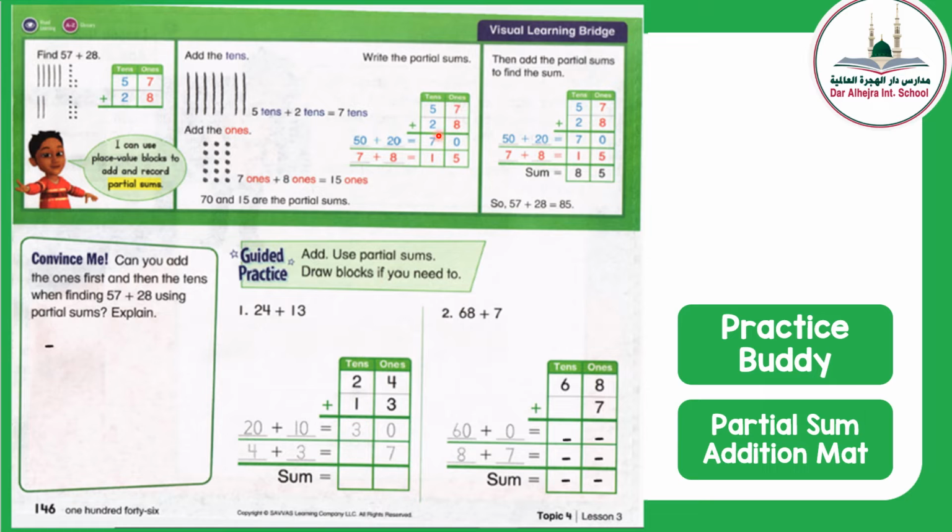Then we are going to add to it 20, because we can see there's a 2 in the tens place. So 50 plus 20 is equal to 70. Then we will be adding the ones, that is 7 and 8, and the total of 7 and 8 is 15. So this is step 1, and we have got the partial sums 70 and 15.